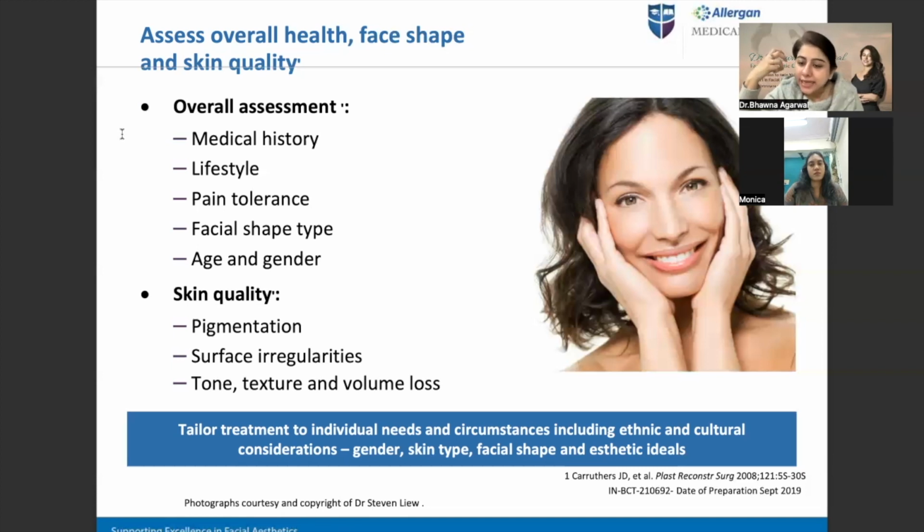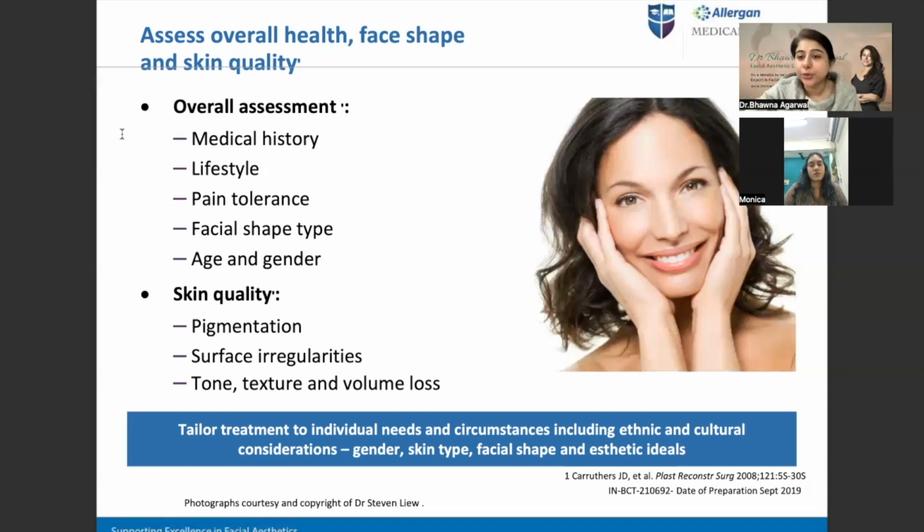So pain is a good indicator for doctors to be in the safer zone and to keep assessing whether we've hit the artery or the nerve. Because whenever you hit the artery, whenever you hit the nerve, there's slight wincing, and then it makes you careful about injecting around that area. So pain tolerance is something very important.